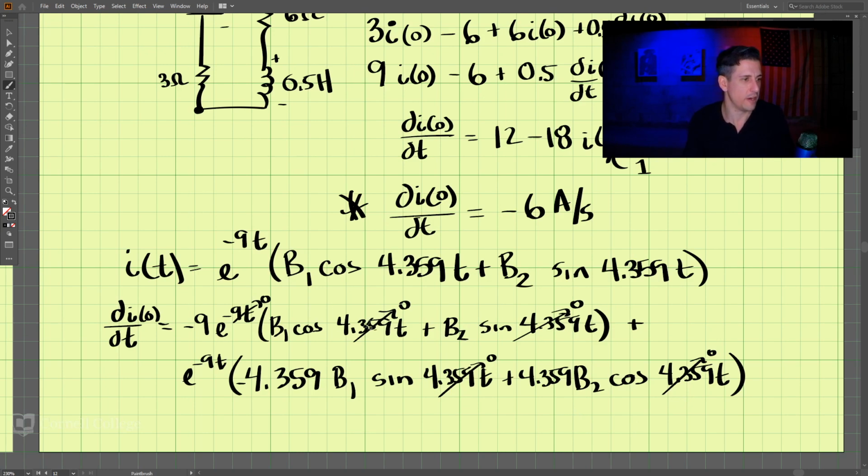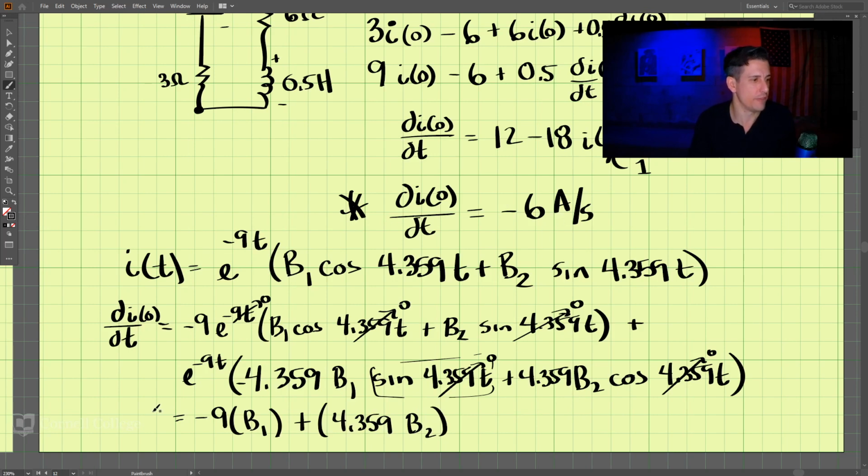So this term here is 1. So what this comes out to be is equal to negative 9 B1, parentheses, B1, that is 0 here, plus this is 1, and here we have, this comes out to 0, this value is 0, sine of 0 is 0, plus 4.359 B2, this term here.